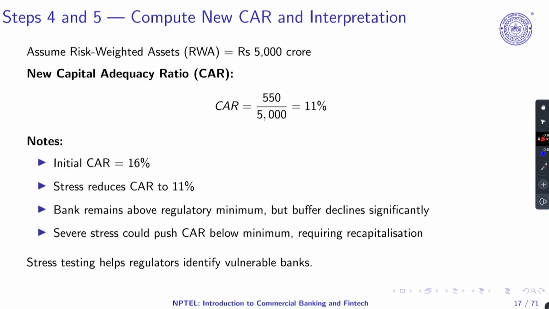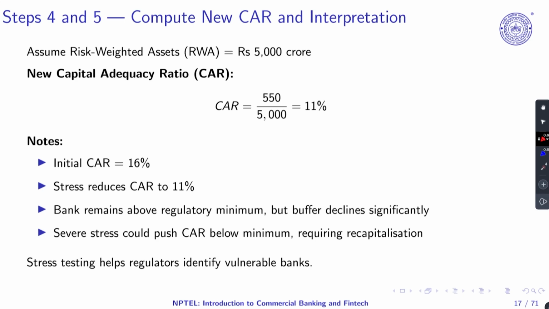Now the last is steps 4 and 5. You have to calculate: if I have seen a 250 crore decline out of 800 crore of total capital, and suppose the risk weighted assets are 5,000 crore, given the composition of the risk weighted assets that the bank has, the new capital adequacy ratio is going to be 11%, which means that it is meeting the requirement.